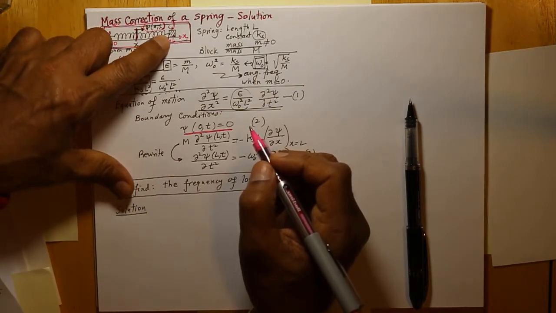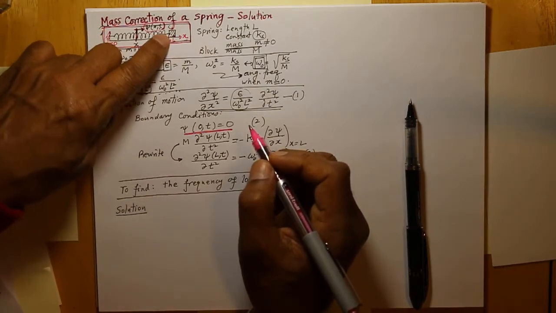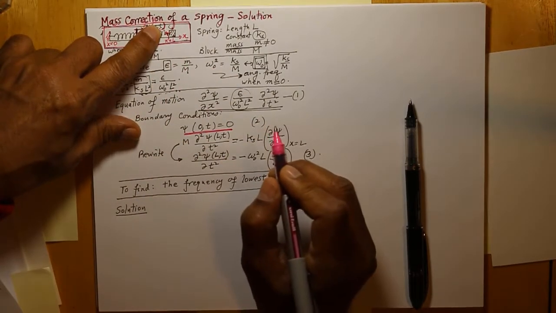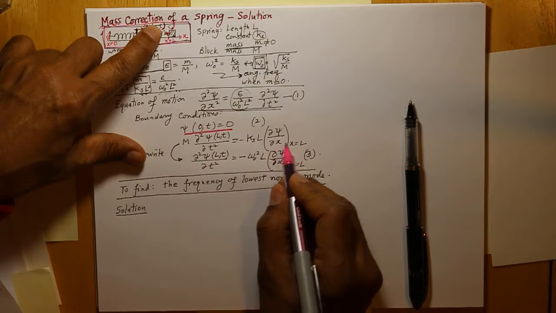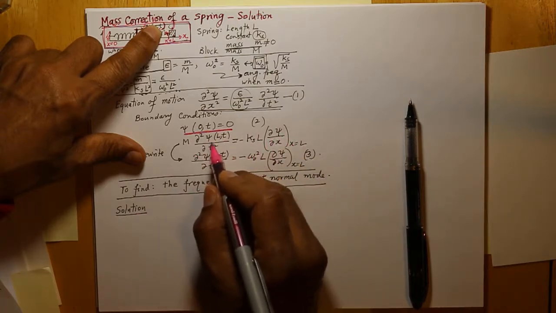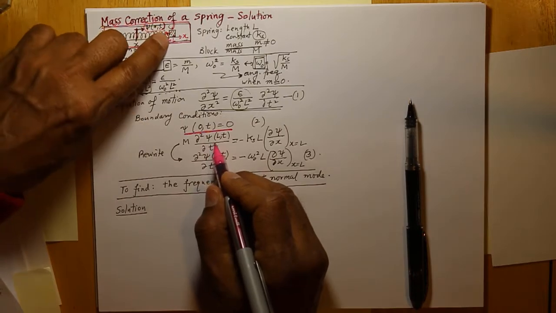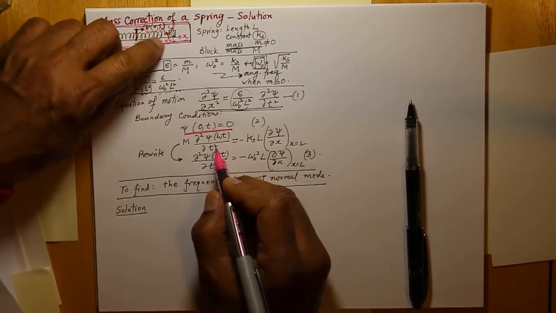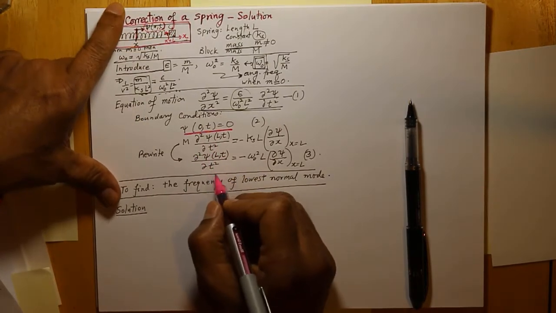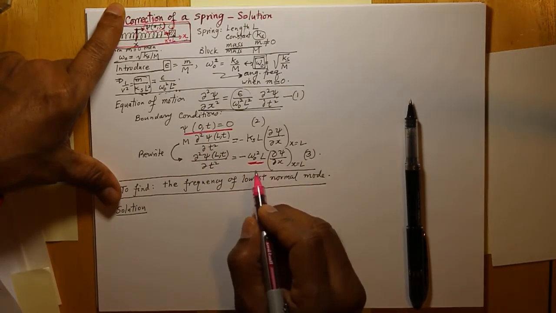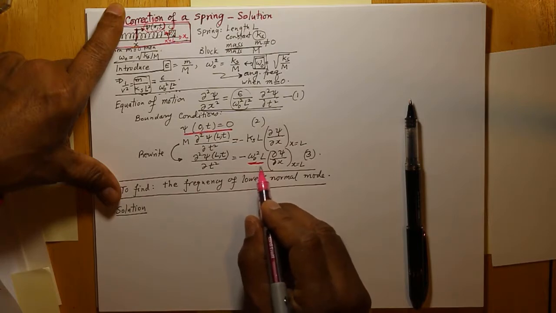At x equal to L, we have the block being pulled by the force over here. This is the force on the block, equal to the mass times the acceleration of the block, because the displacement there is the same as what's happening to the block. And you can write this again in terms of omega naught square, which is a reference frequency for us.